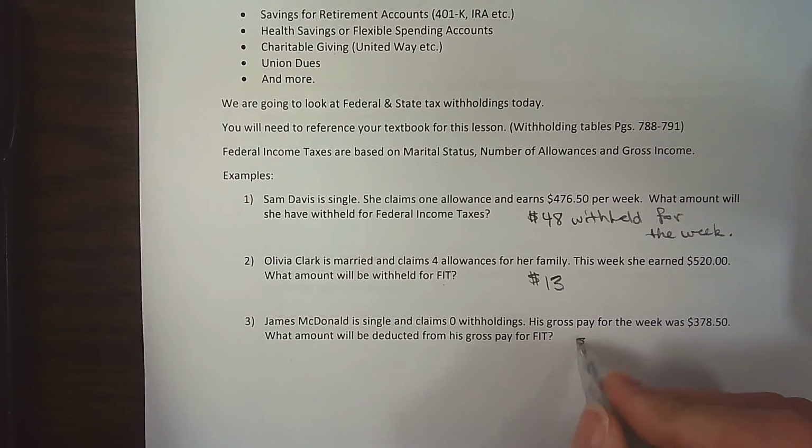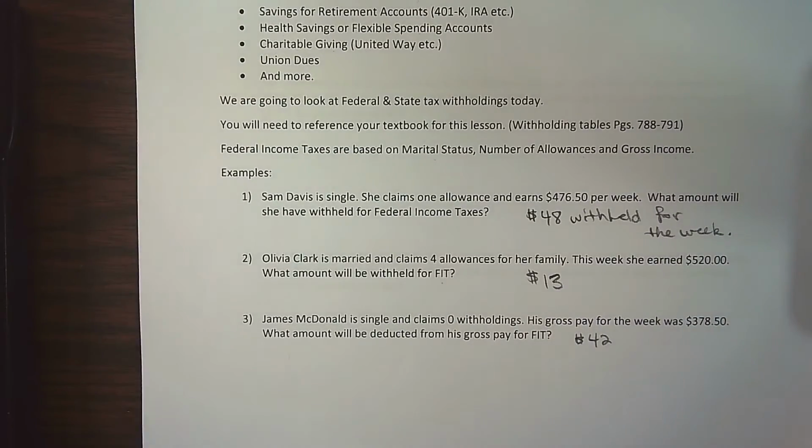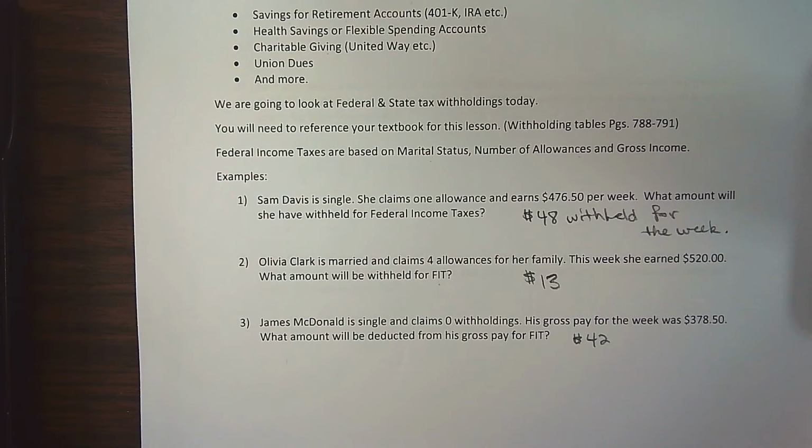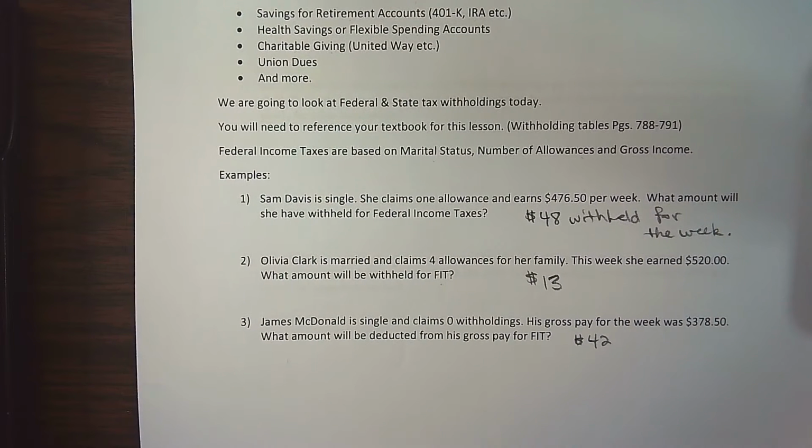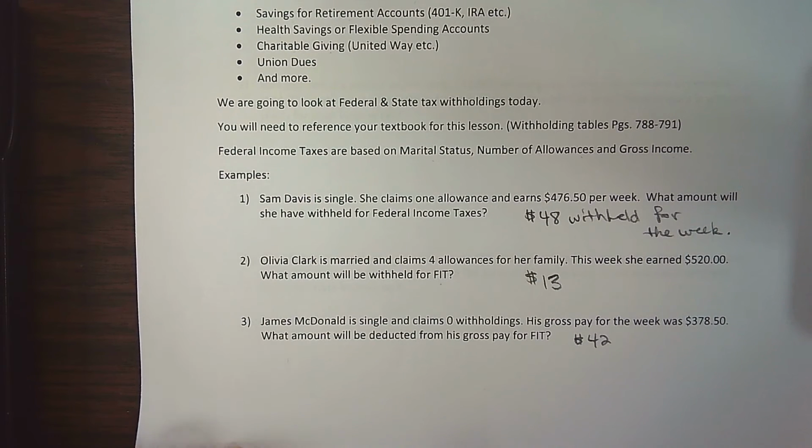So $378.50 sits between $370 and $380, and again, he was claiming 0, so $42 would be the amount withheld. That's really all there is to the federal withholding pieces for us: just considering the person's marital status and then number of allowances along with weekly pay to find the intersection in the table.